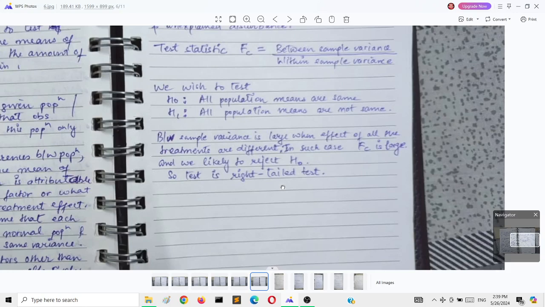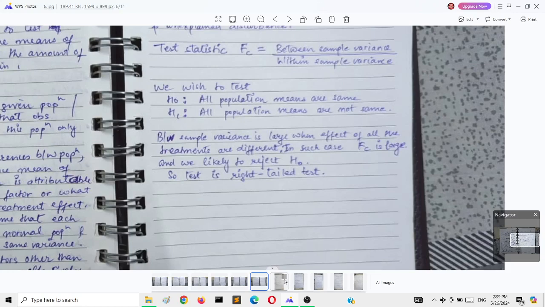Between sample variance is large when the effect of the treatments is different, meaning when you apply some treatments over the population and their effect is very large. That's why the between sample variance comes out very large. In such a case FC will also be large, and we will reject the null hypothesis.